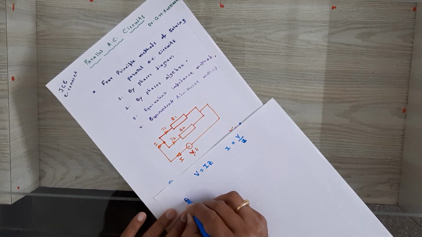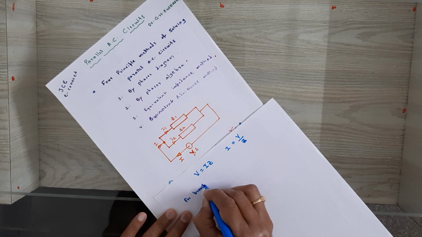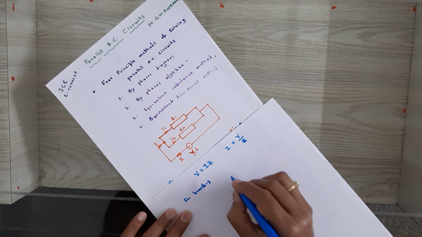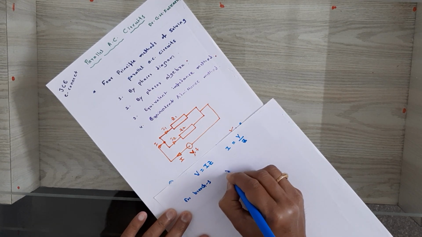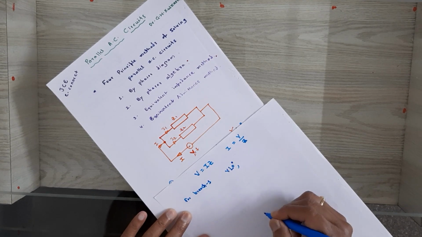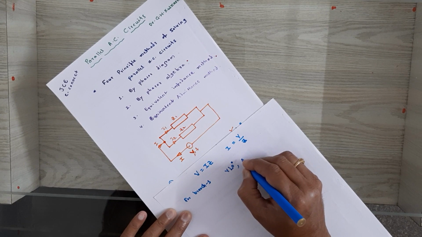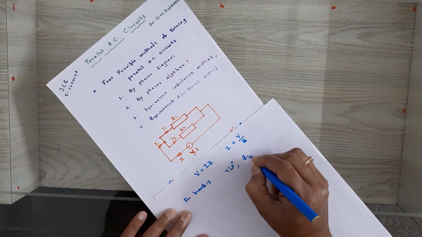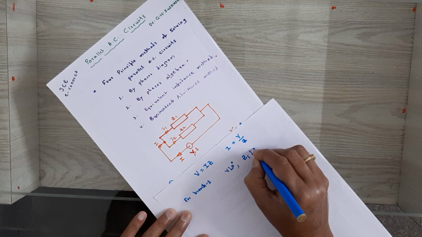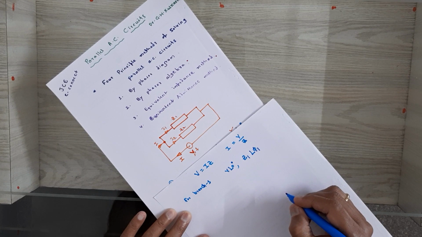For branch 1, the applied voltage is V at an angle of 0 degrees. We have the impedance Z1, either at plus phi 1 or minus phi 1, depending upon inductive or capacitive reactance.